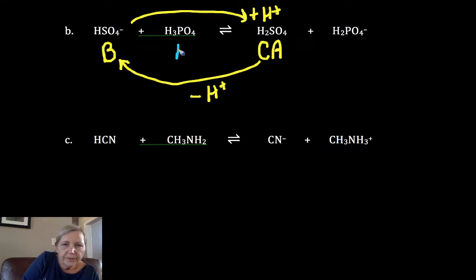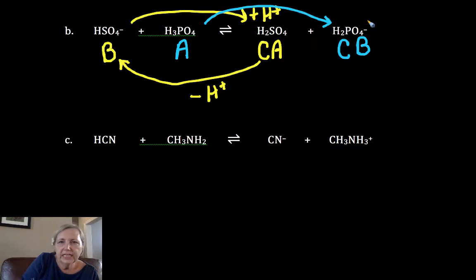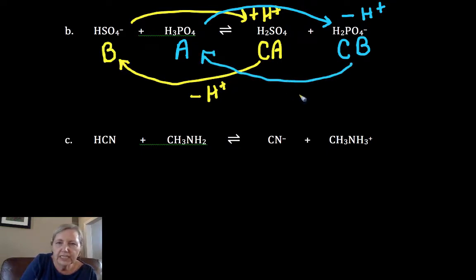Now here, phosphoric acid is our acid. It forms a conjugate base. So you notice in the forward direction, this lost an H plus. That's why it's an acid. In the reverse direction, conjugate bases act like bases in reverse. They gain an H plus.